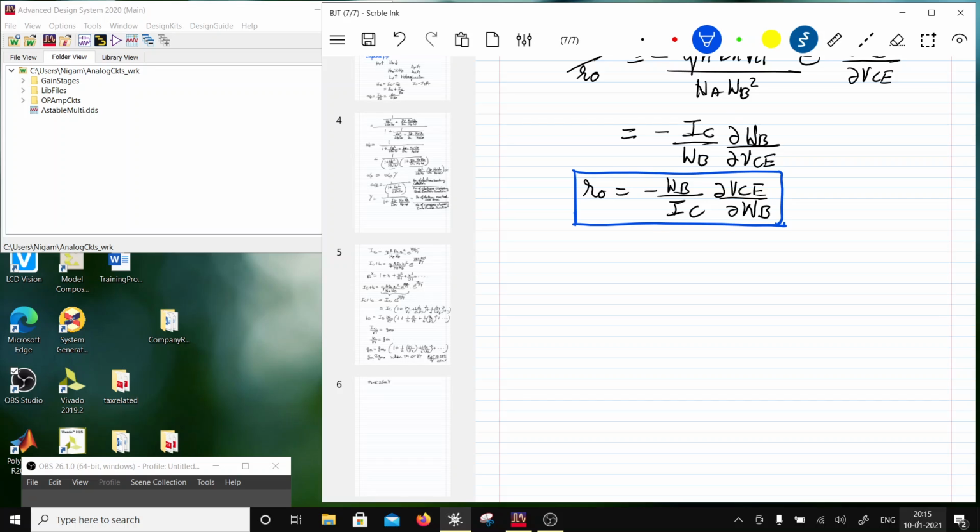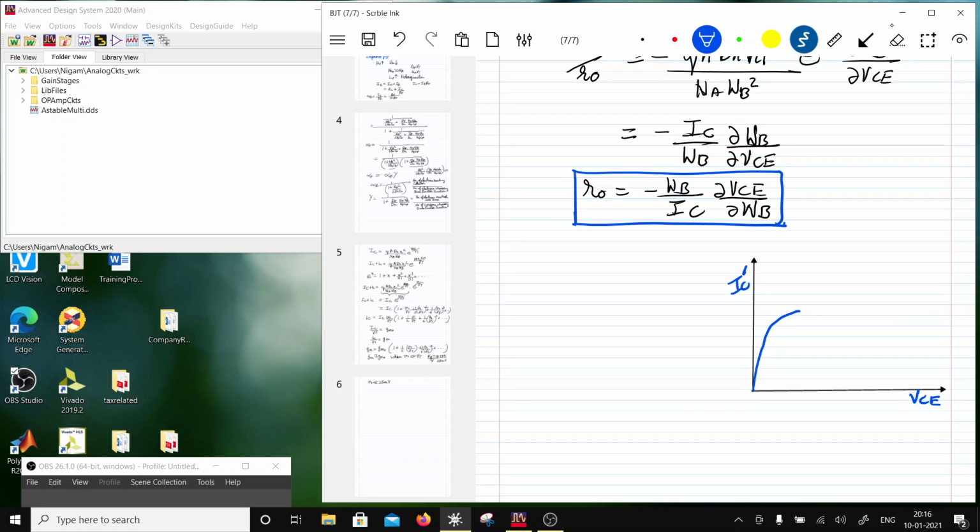Now this can also be represented in a slightly different way. If you remember, in case of MOSFETs we were talking about what we call the early voltage. So the same concept is over here also. So what I'm going to do is plot IC dash versus VCE for different VBE, right?